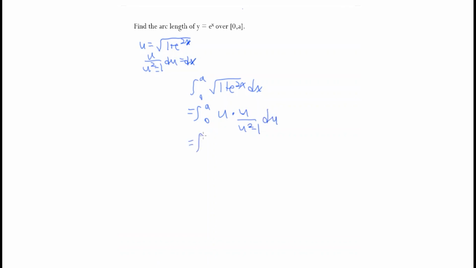And then we simplify that, giving us the integral from 0 to a of u squared over u squared minus 1 du. But we still can't do anything with this because we honestly don't know how to factor that out. And that's where partial fraction decomposition comes into play.